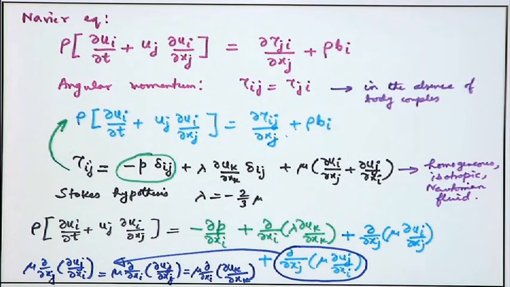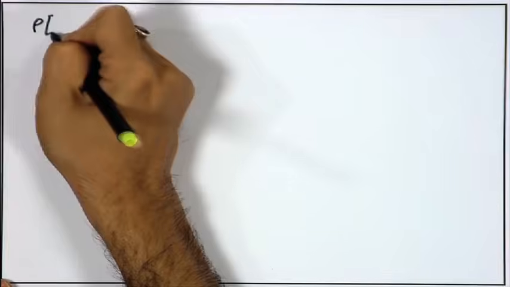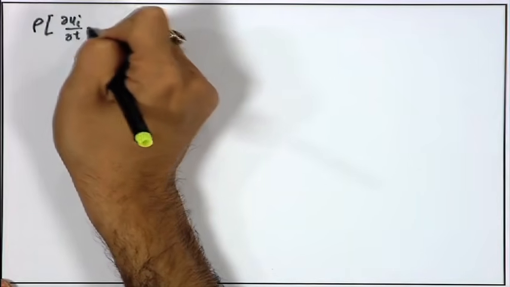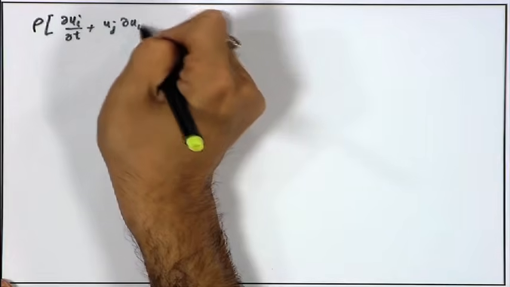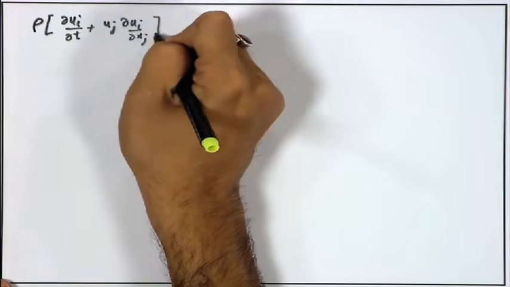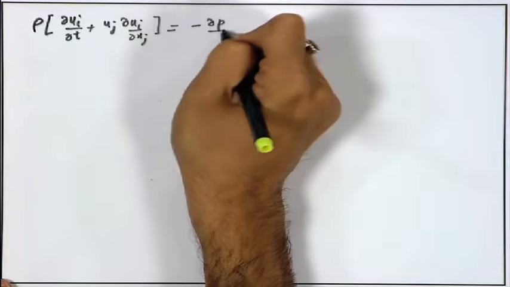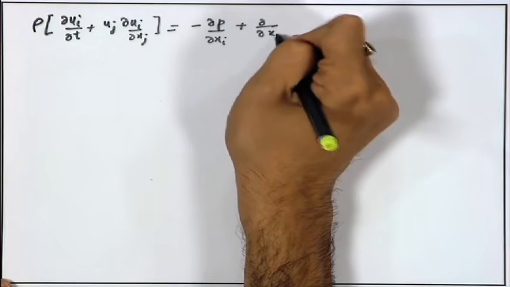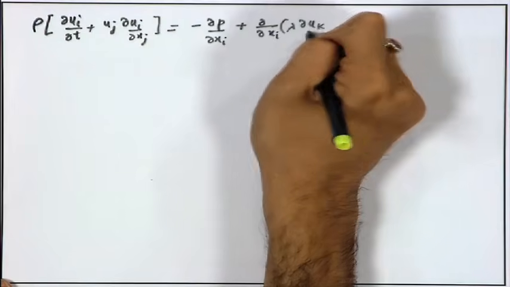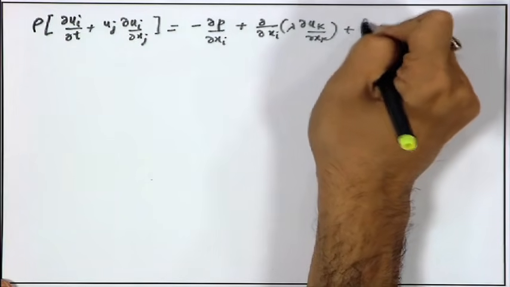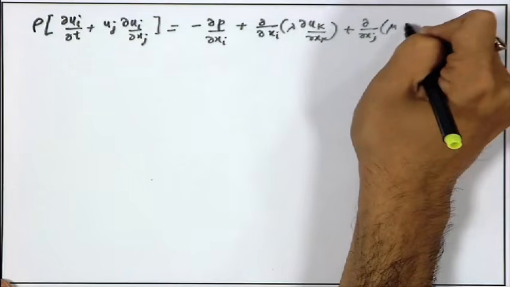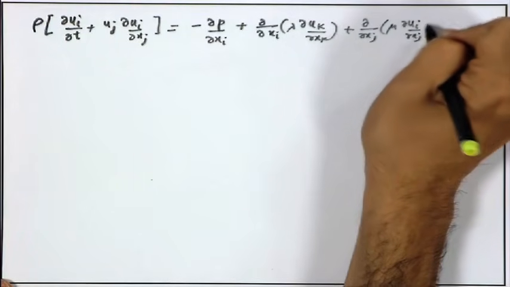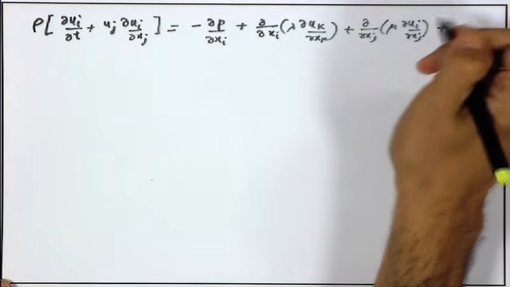Okay. So, now we can write rho del u i del t plus u j del u i del x j is equal to minus del p del x i plus del del x i of lambda del u k del x k plus del del x j of mu del u i del x j plus the last term.